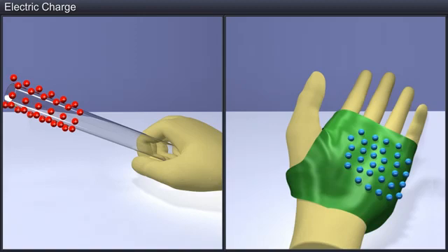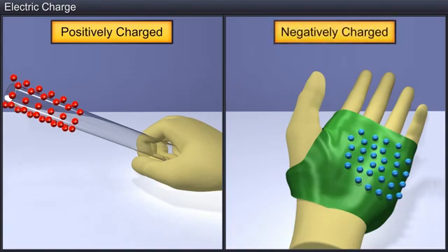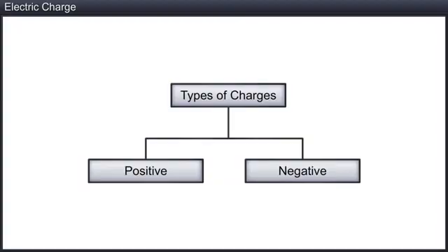Hence, we can conclude that one of them may be positively charged and the other negatively charged when they are rubbed against each other. From these observations, we see that there exist only two types of electric charges in nature. Conventionally, they are called positive and negative.